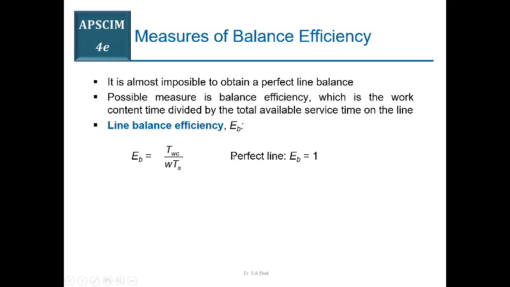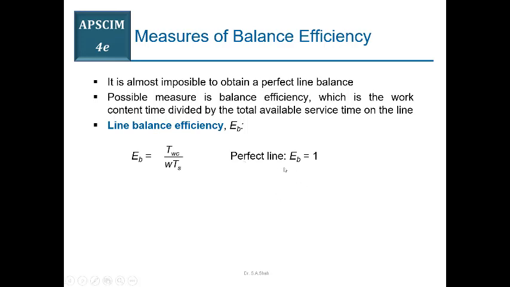So theoretically जो है वो जो ideal conditions में आप calculation करते हैं तो you can come up with this solutions. So anyhow, जो balance efficiency है that will be the total work content time divided by cycle time into number of जितने भी workers हैं या जो भी workstations हैं.